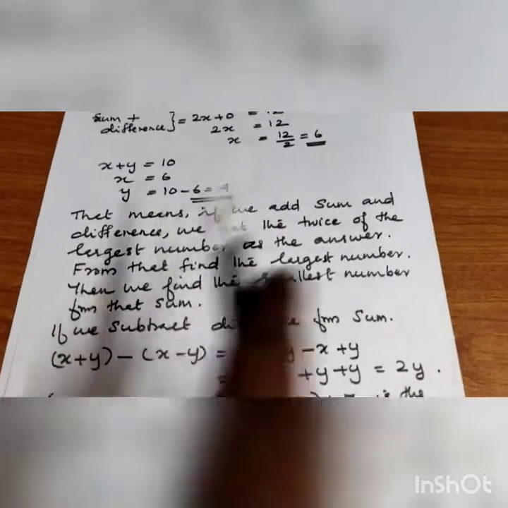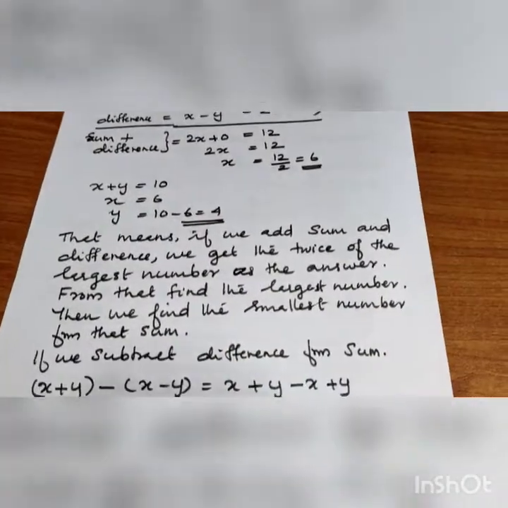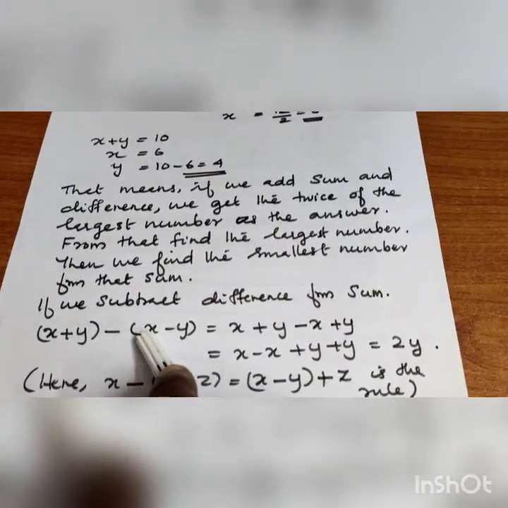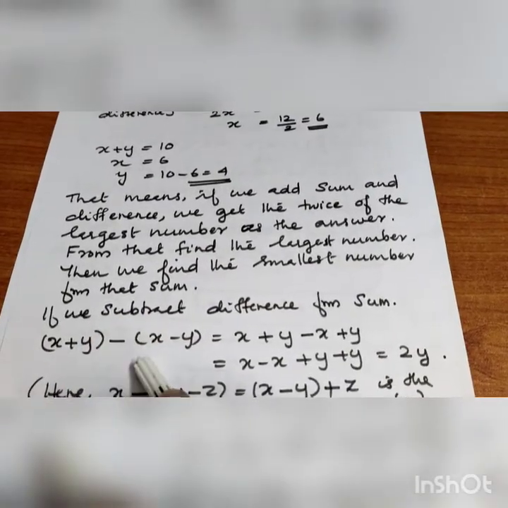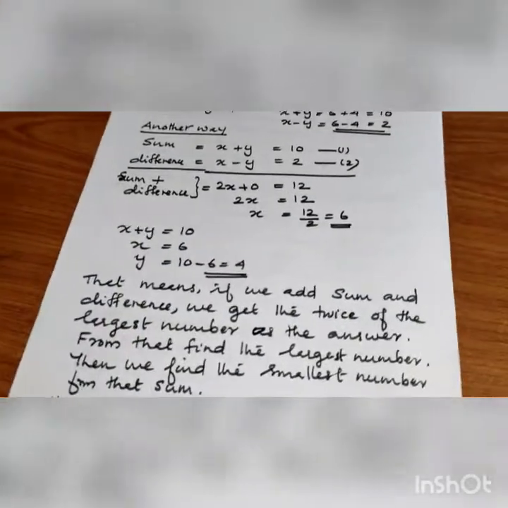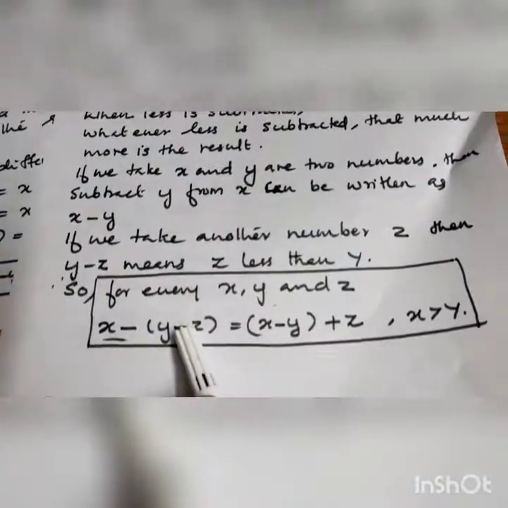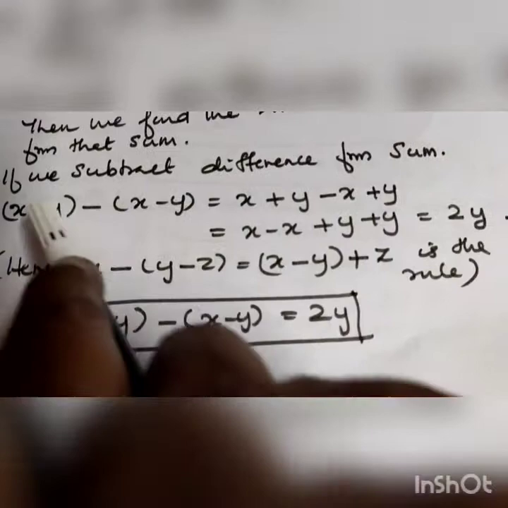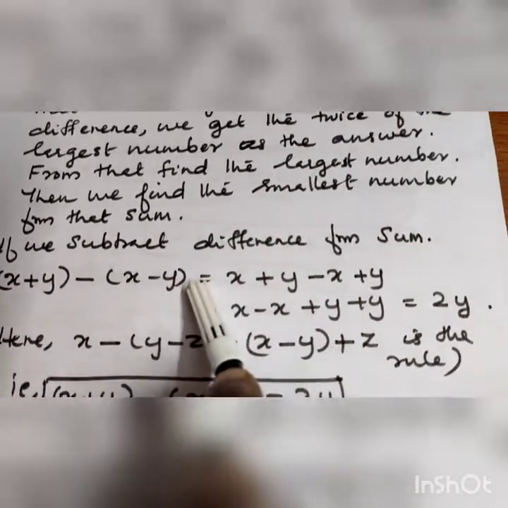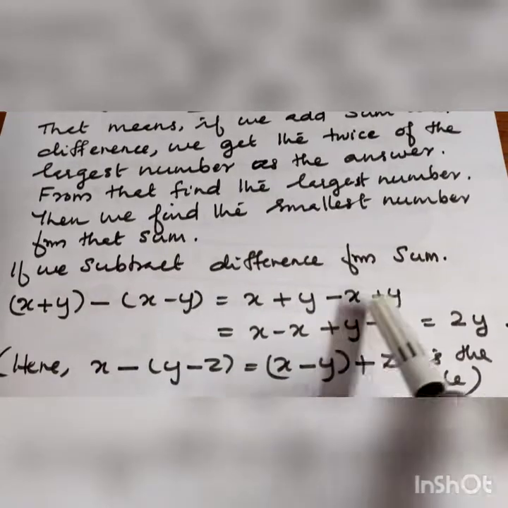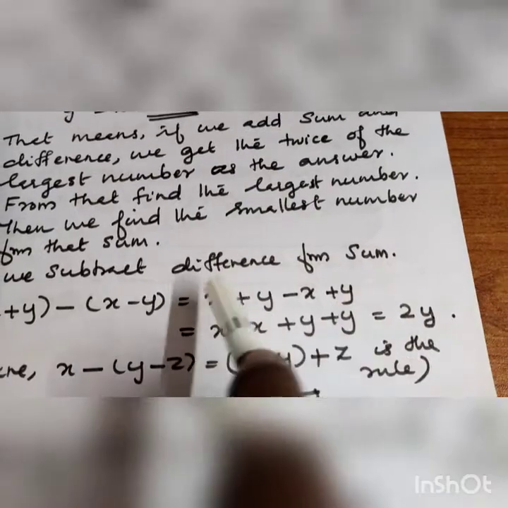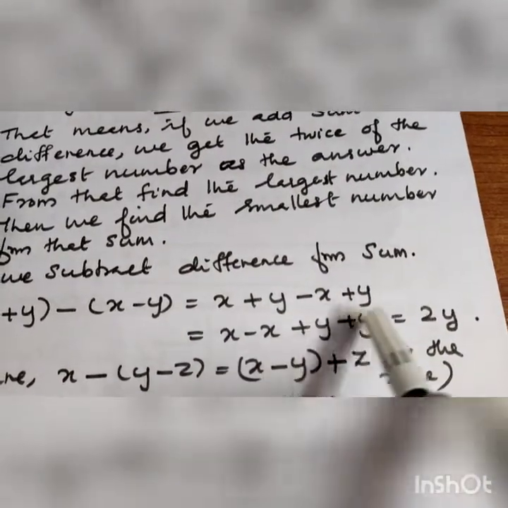Now check what happens if we subtract the difference from the sum. x plus y minus (x minus y). Using the principle that x minus (y minus z) is equal to x minus y plus z, here x plus y minus x plus y. x minus x is 0, y plus y is 2y.